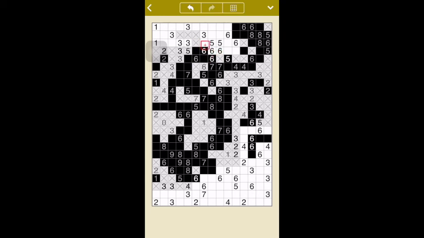So I need 1 gray here, I need 2 black spaces here, right? So I got that, I get the 5, 6, I get another 6, 5, 6, okay, 5, 3, I get the 3 up there, that means 2, 1, and 1.